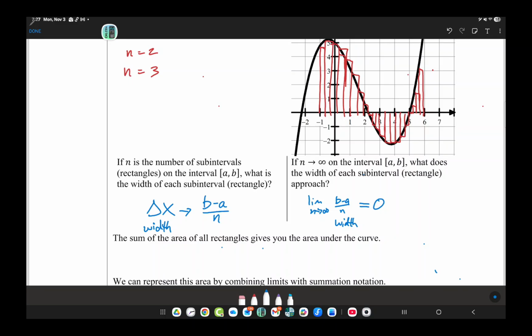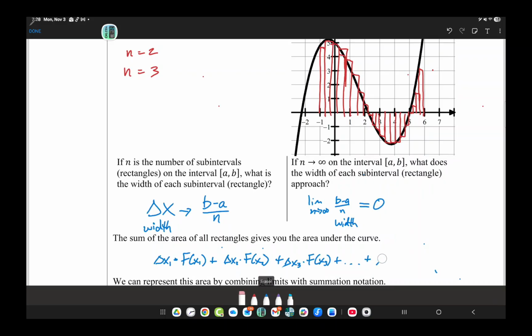Now, how do we write the sum of the area of all the rectangles under this curve? Well, the first rectangle would be delta x sub 1 times the height. The height of each rectangle is based on the function, so that is f of x sub 1, plus delta x sub 2 times f of x sub 2, plus delta x sub 3 times f of x sub 3, and so on and so forth until we reach n.